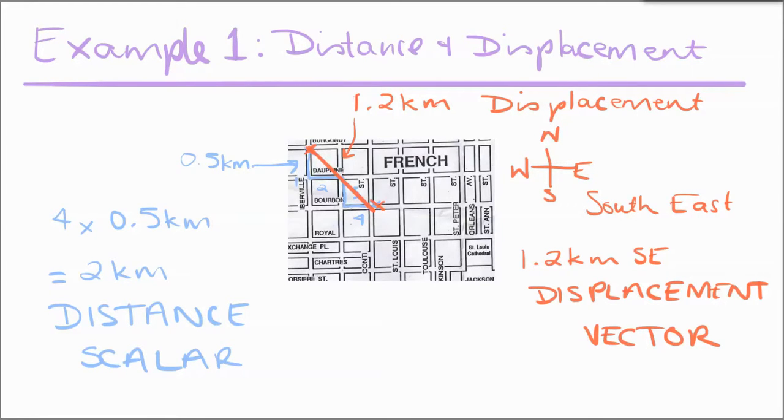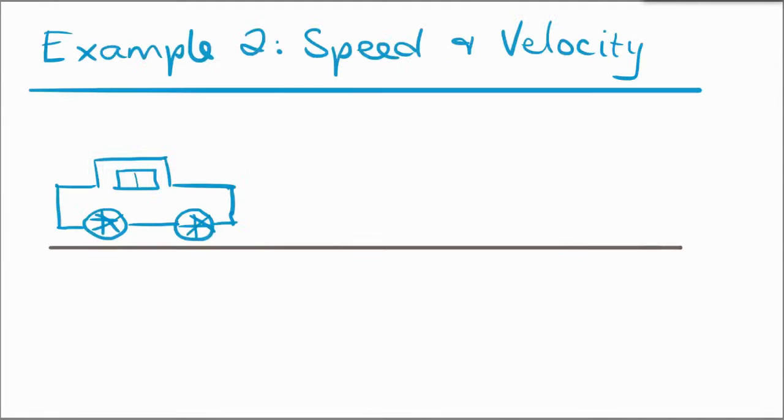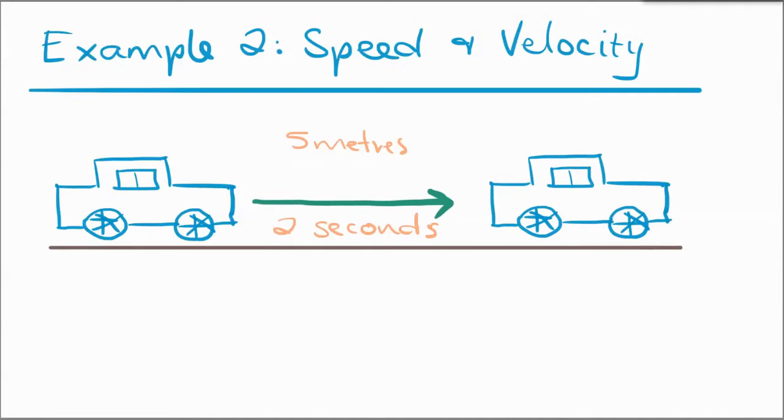Okay, so the next example we're going to look at is where we have cars. So I've got my car, I'm travelling down the road and I've gone 5 meters in 2 seconds. If we work out the speed, speed and velocity are very, very similar.